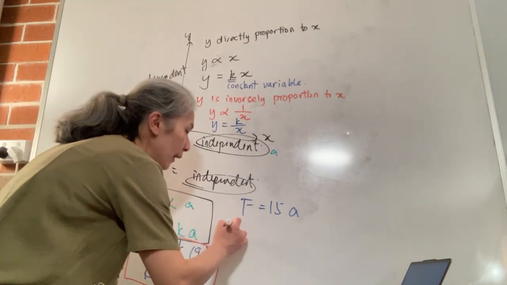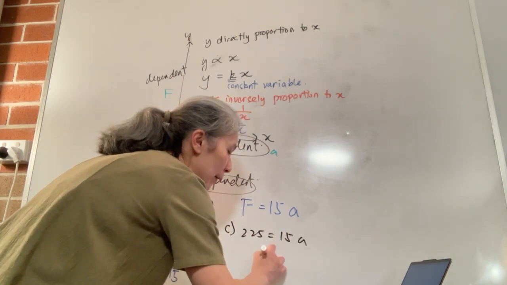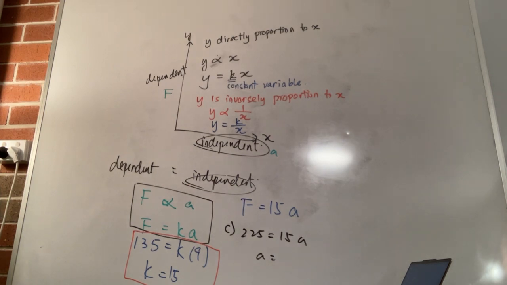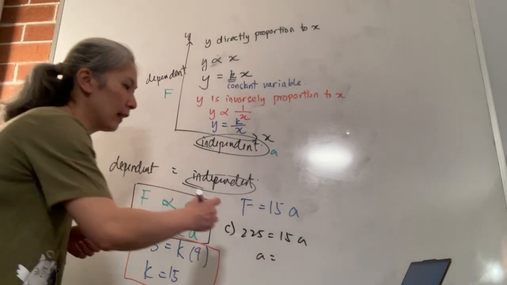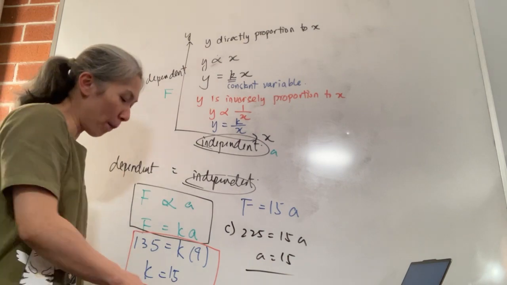Question C, you're going to have 225 equal to 15A. So that means you're able to find out the A. 15. Right, you found out the 15. Okay, that's done with that question. Question D, go back to this one again.